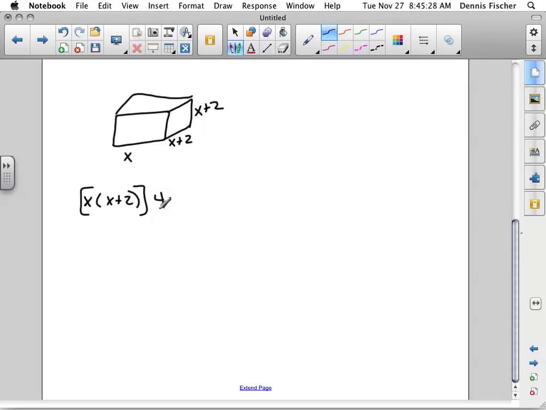Then I also have these 2 outside sides, which would be x plus 2 times x plus 2 times 2, because there's one on this side and one on this side. Correct? That makes sense? The 4 sides going around the figure are the same, and then these 2. So I want you to multiply this out: FOIL this, bring the 4 through, FOIL this, bring the 2 through, and add those 2 together. See what you get.